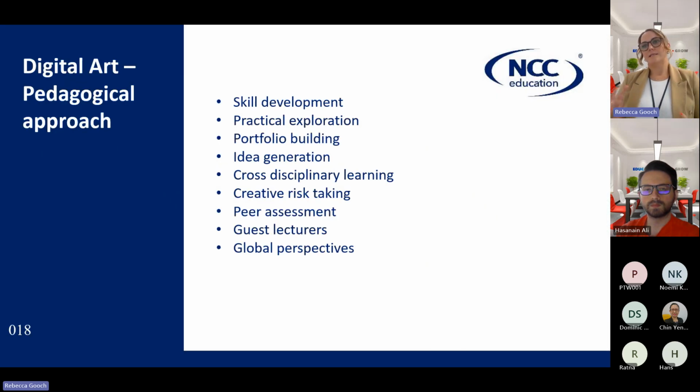So it's a slightly cross-collaborative approach in terms of digital art. You are looking at skill development of the software package as well. So yourselves as tutors, making sure you have the knowledge and confidence to deliver the skill development of industry standard digital tools such as Adobe Creative Suite, 3D modeling software, and video editing tools such as Premiere Pro that are widely utilised within industry.